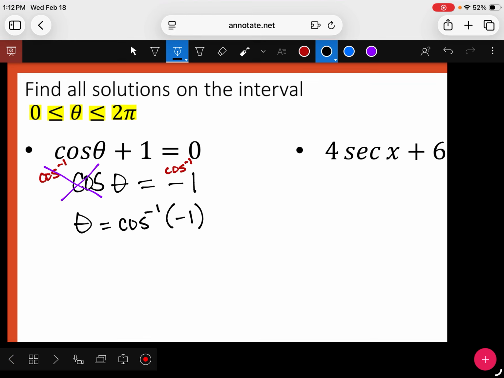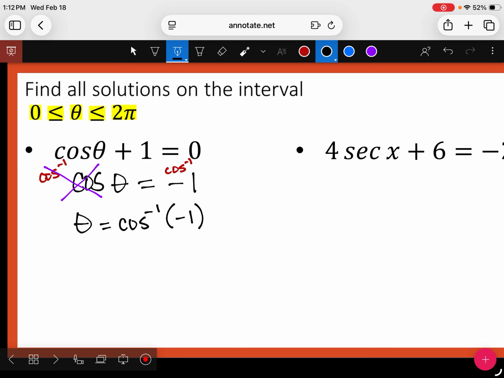Normally, for inverse cosine, we would only look in quadrants 1 and 2. But this is saying find all of your solutions. So you got to go in all 4 quadrants. There's still only one answer, though. So what would be our answer? What angle? Pi.